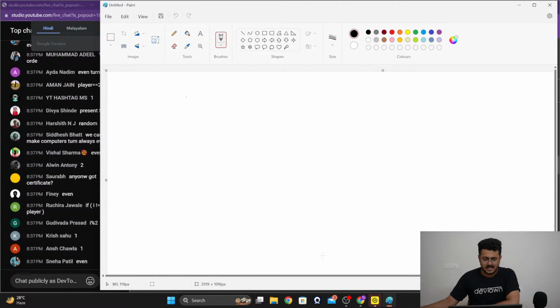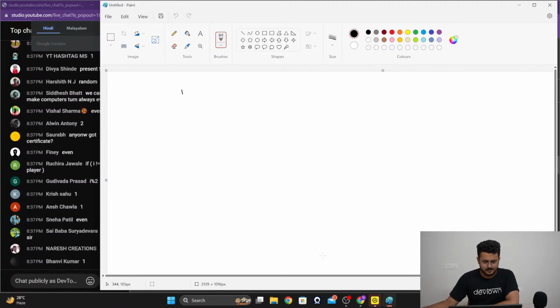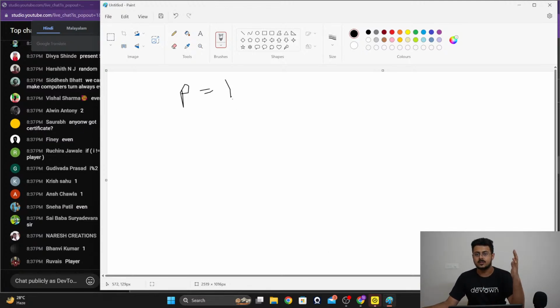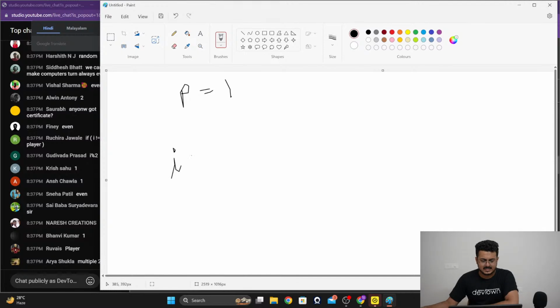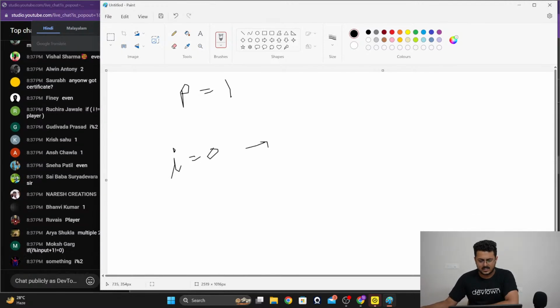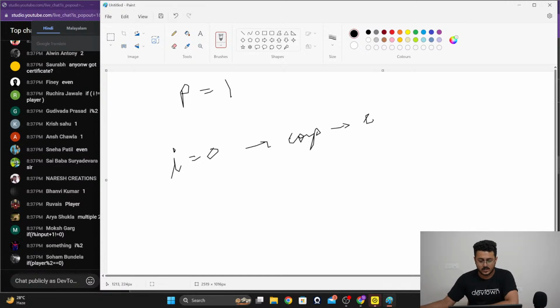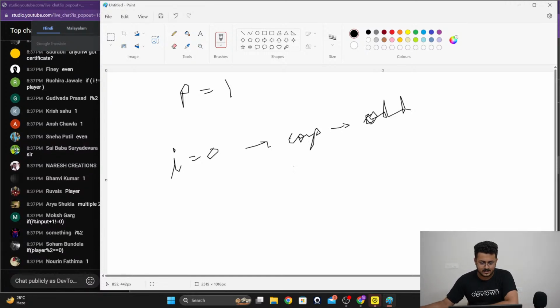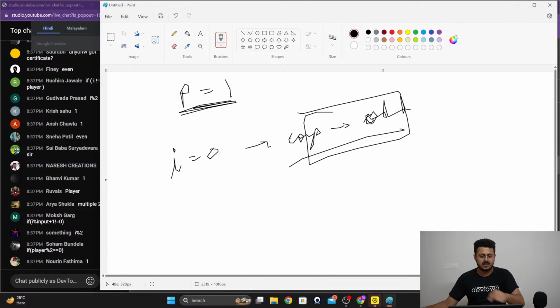In the case that I'm taking up player p is equals to 1, that the player wants to go first, that means when I is 0, then the player is going first, so computer is always even, sorry, odd, right? If player is choosing 1, then the computer is always odd, because the player will go at the index I is equals to 0.